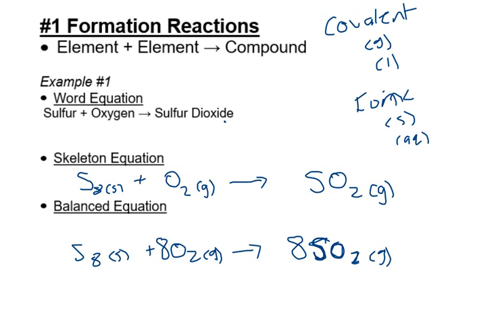This is known as formation, and the reason why it fits the pattern of formation is that literally A and B came together to become AB. This guy and this guy came together to make this one. Now I need to point out though, this generic format I have right here doesn't account for the fact that there could be and probably will be little numbers down in the bottom corners, as well as big coefficients in front.